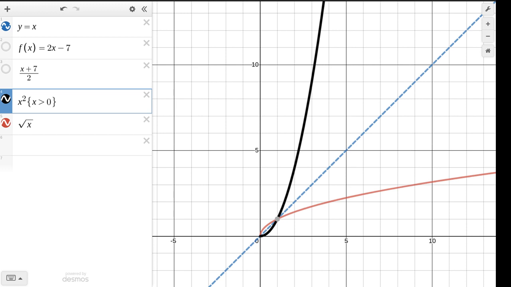Inverses have a really nice feature, and that's the test for inverses. If I take f and I compose it of its inverse, I'll get back just x.